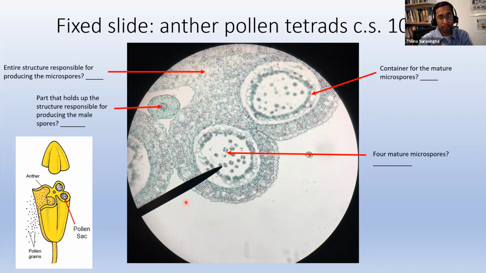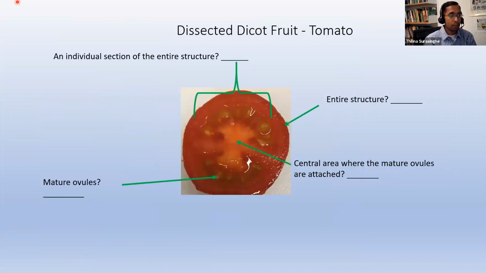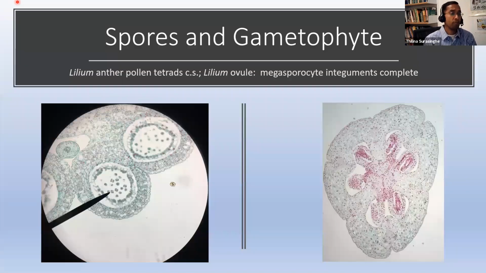Before labeling, let me explain what we are looking at. The previous one was clear: a cross section of, in this case, chili, or pepper, and a cross section of a tomato. So a cross section of a fruit.